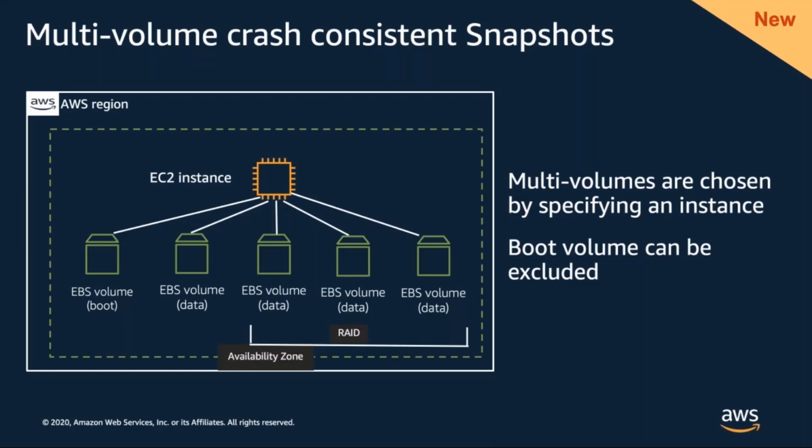So you have to specify an instance to take the multi-volume crash consistent snapshot. For Windows environments on Amazon EC2, you can take an application consistent snapshot of all EBS volumes by using the AWS Systems Manager run command. This in turn uses the Windows Volume Shadow Copy Service, also known as VSS.